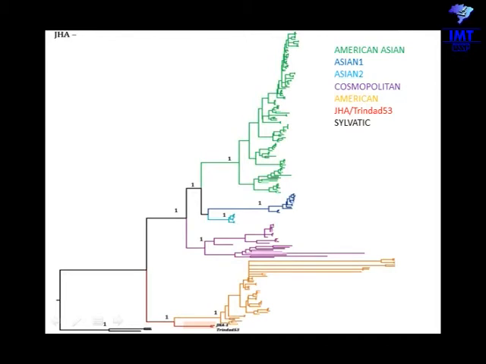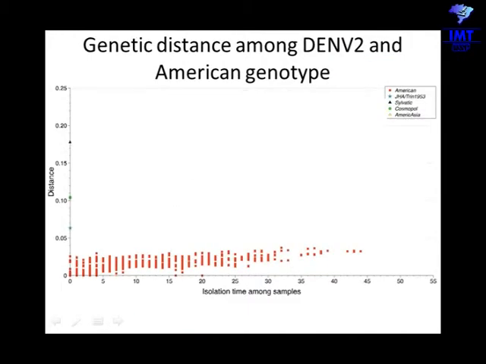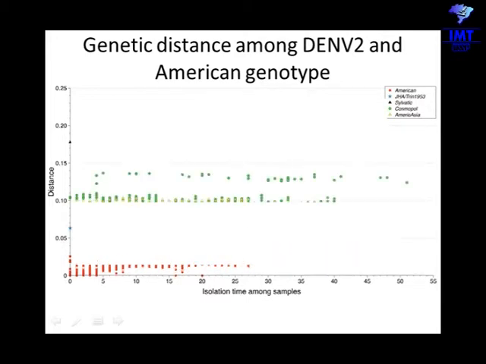To determine the precise level of divergence between JH and all dengue 2 viruses, we built this graph. In red here, we can see an average distance among American viruses of about 3%. And in blue, we can clearly see that JH diverges from other American viruses by 7%.